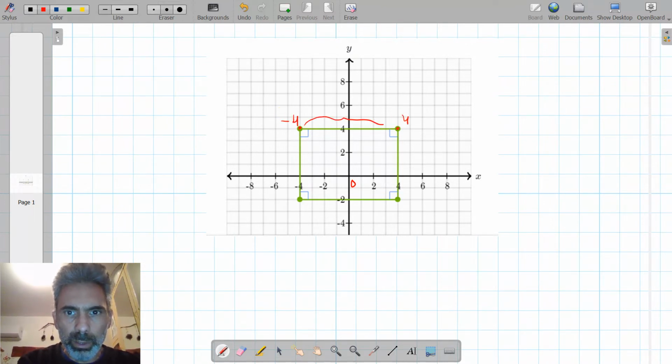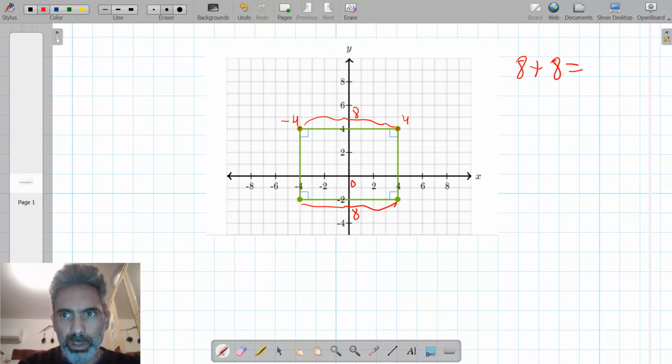So the total distance of this segment is 8. 4 plus 4 is 8. So it means that the bottom side is also 8. So we have 8 plus 8, which is 16.